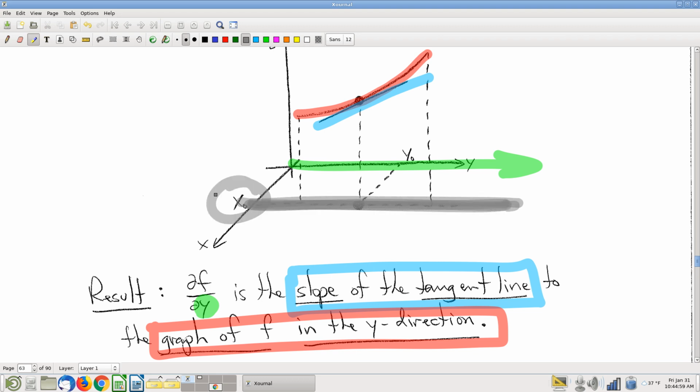So let the record show a surface actually has lots of tangent lines. There's a bazillion tangent lines that go sort of, if you will, kind of loop around and go in all sorts of different directions. They're all tangent to the surface. You might even say there's an entire plane of lines tangent to the surface. The partial with respect to y is the slope of the one that's in the y direction. Okay. So, makes loads of sense.